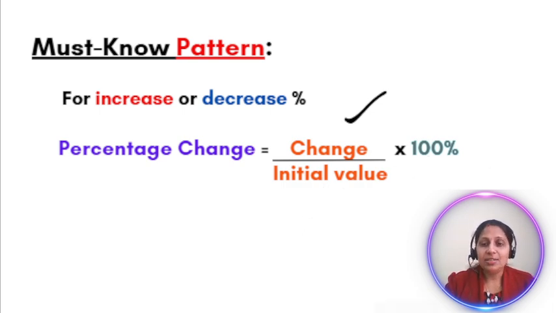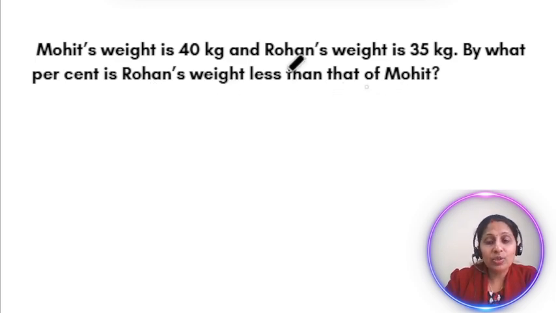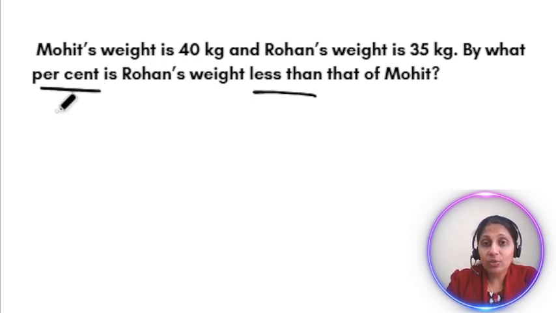So let's understand this with an example again. Mohit's weight is 40 kg and Rohan's weight is 35 kg. By what percent is Rohan's weight less than that of Mohit? Here they are asking percent, and "is less than", those are the keywords. Since they are asking what percent, you don't take it as X we need to find.